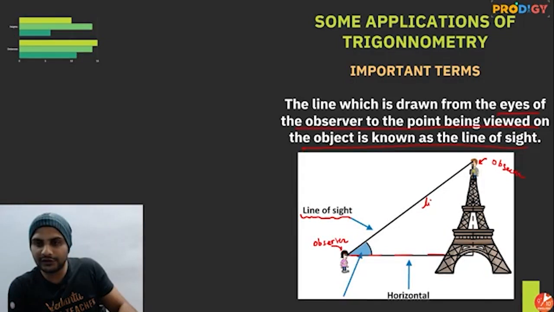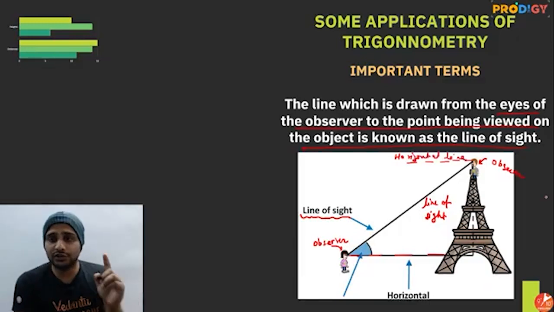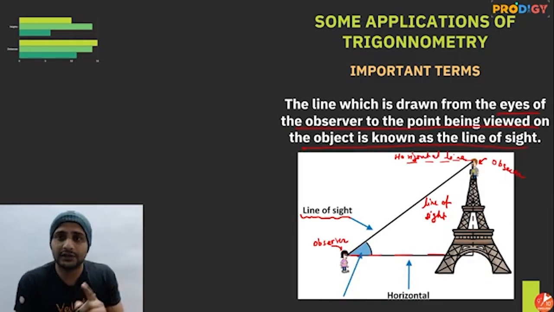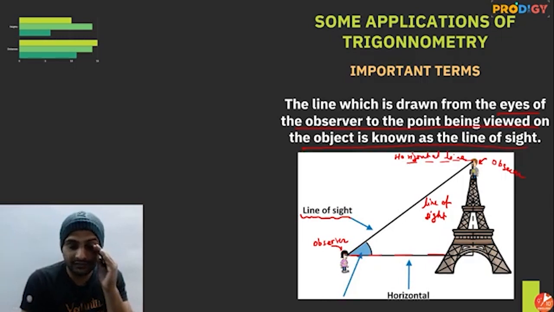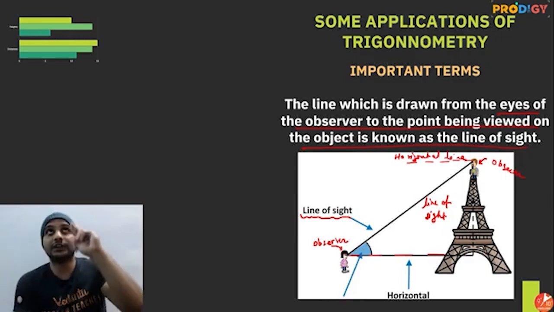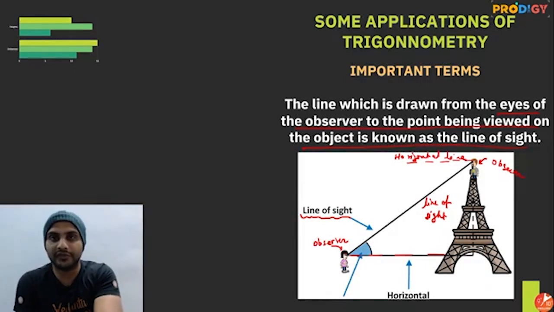This is going to be the line of sight, but the horizontal line will be drawn like this. You can clearly see, guys, both the horizontal line as well as the line of sight are drawn from the eye of the observer.